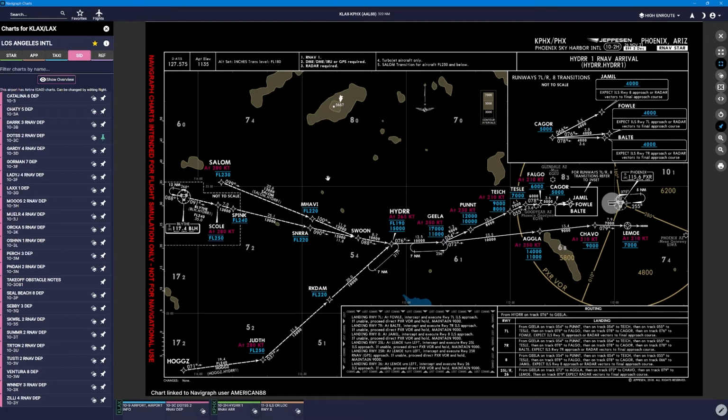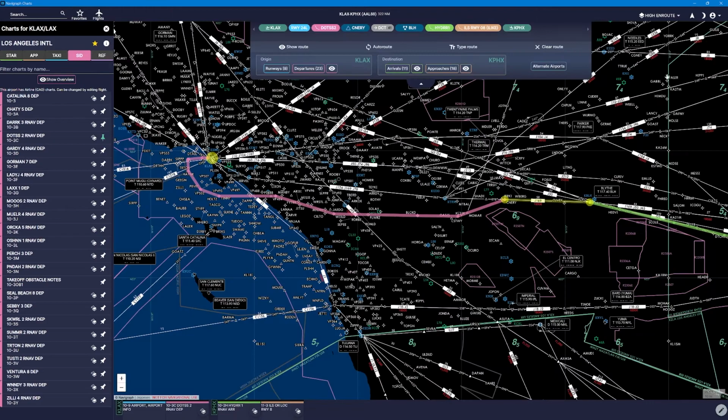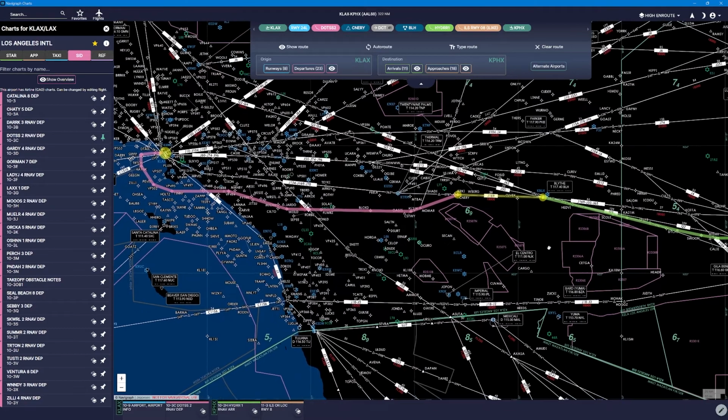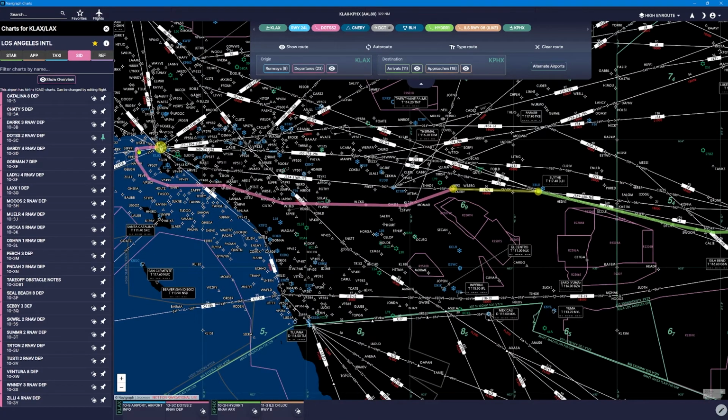So take a look at this, this is the Hyder 1. Here we go, up at the top. Hyder 1 RNAV arrival. Now I'm not going to explain RNAV because I don't really understand it a whole lot. I'm still learning that, but anyways. So you're flying along, and let's show you the route here. All of this pink is the DOTS 2 departure.